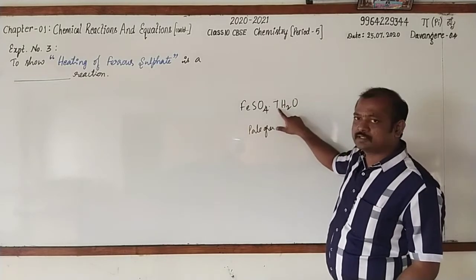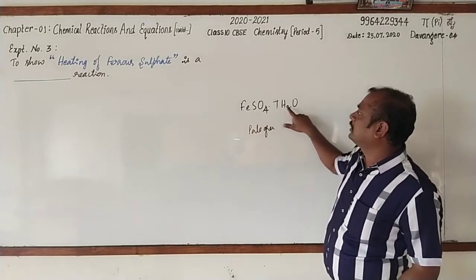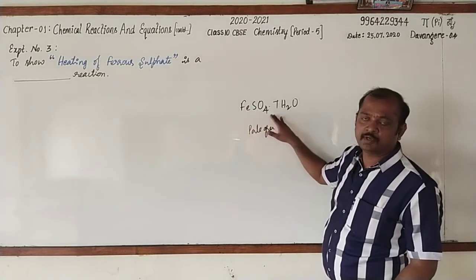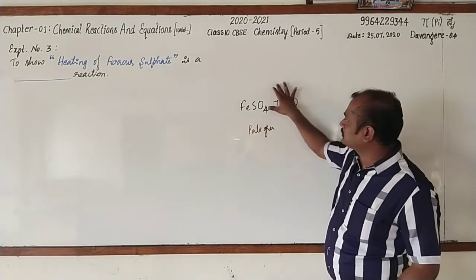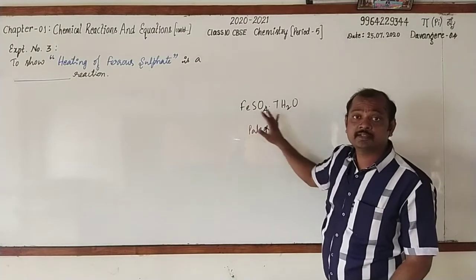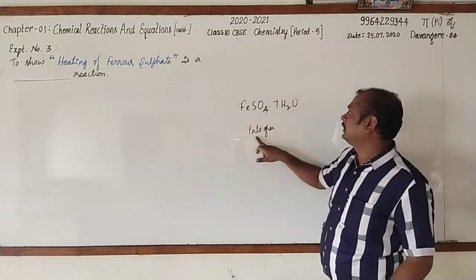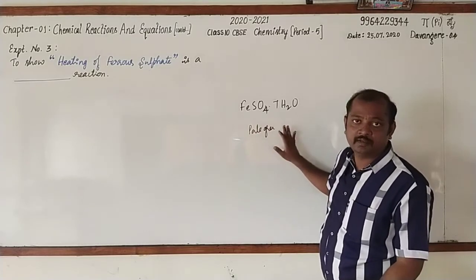Got it? That is 7 molecules of water present in 1 formula unit of ferrous sulfate or iron sulfate. That is why it is called a hydrated salt. And because of the water present in the salt, its color is pale green.